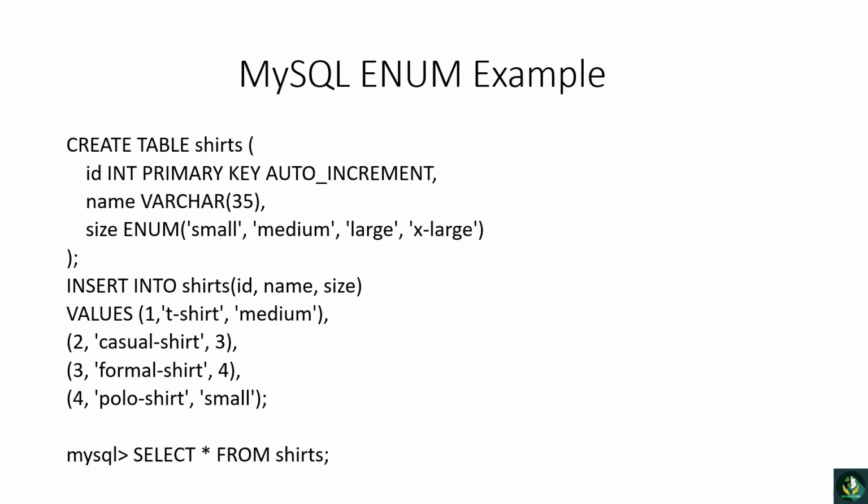And MySQL maps each enumeration member to a numeric index, where small is equal to 1, medium is equal to 2, large is equal to 3, and X large is equal to 4 respectively. Executing the following code will look like this.